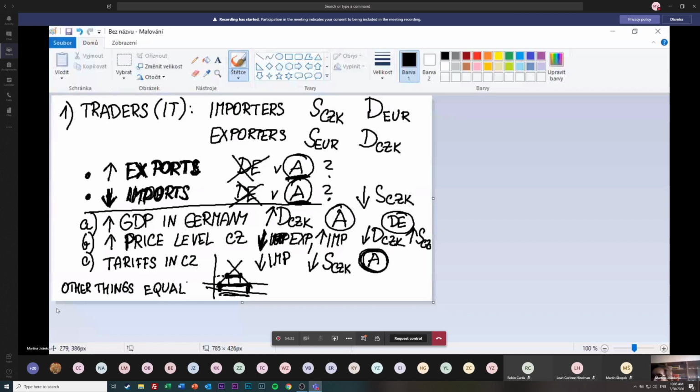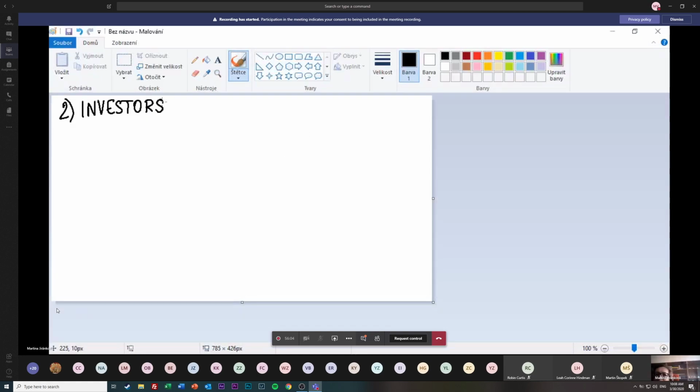Maybe you would be surprised that if the whole currency market would be 100%, for exporters and importers in the whole international trade it's only 3 to 4%. Just for investors is the majority.